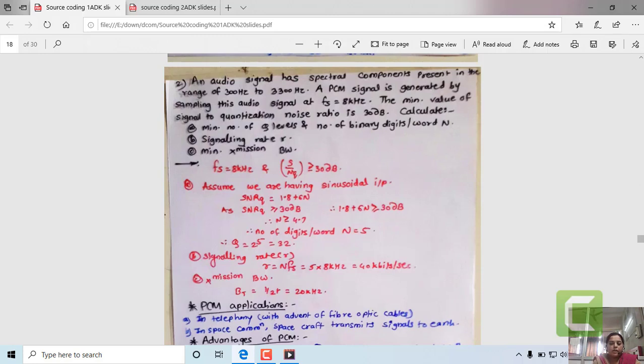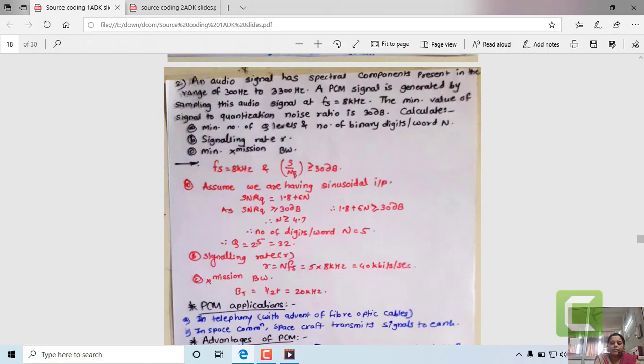If the number of bits increases, with the relationship of 2 raised to n, the number of quantization levels is going to increase. So friends, I think you might have got clarity on the PCM system, its transmitter block diagram, receiver block diagram, derivation for the SNR, and finally the numericals associated with all these mathematical relationships that we have proved.